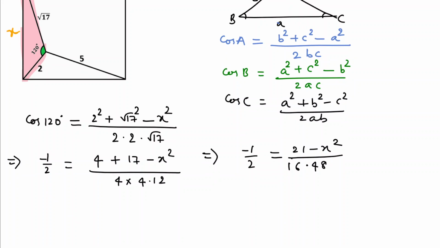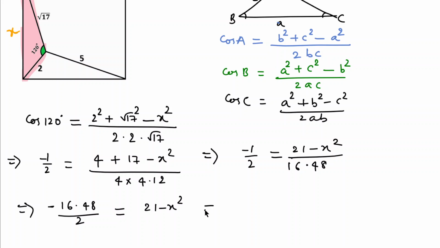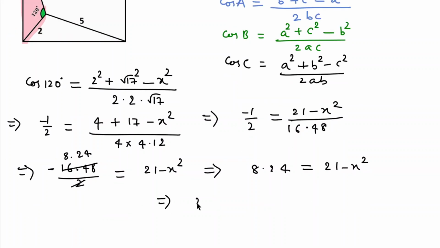After that we can write minus 16.48 over 2, that is minus 8.24, equal to 21 minus x square. After that we can write x square equal to 21 plus 8.24, which is equal to 29.24.